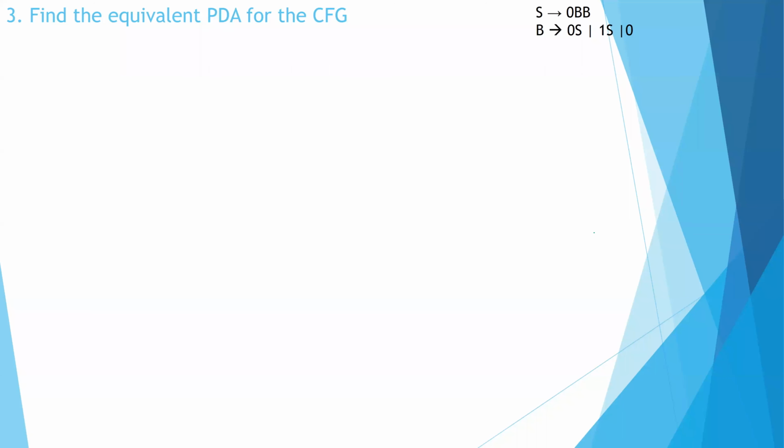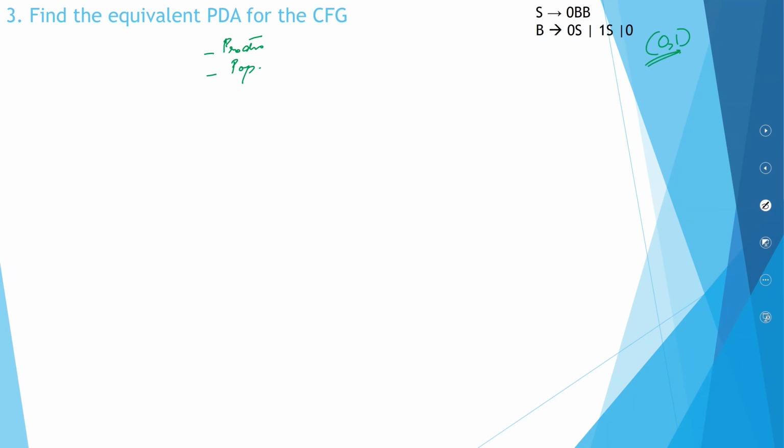Find the equivalent PDA for the CFG. As we all know, you have only 2 steps. One is write for all the productions and then write for all the poppings. Okay. So what are the terminals over here? The terminals are 0, 1. It's very easy to find out all the terminals.